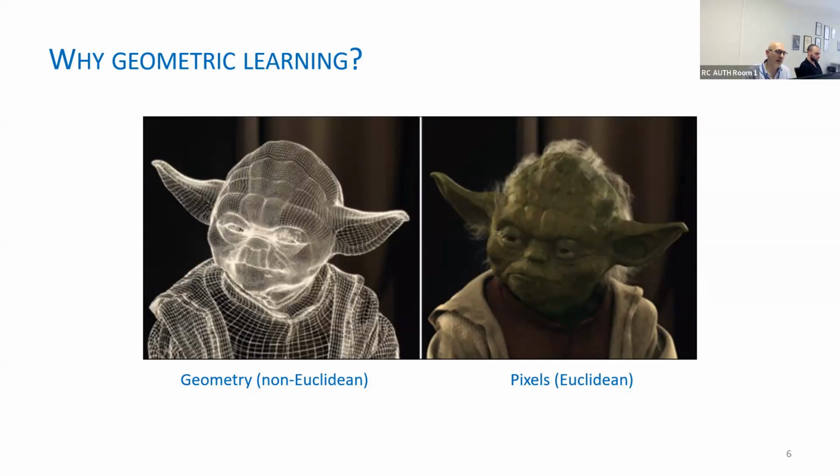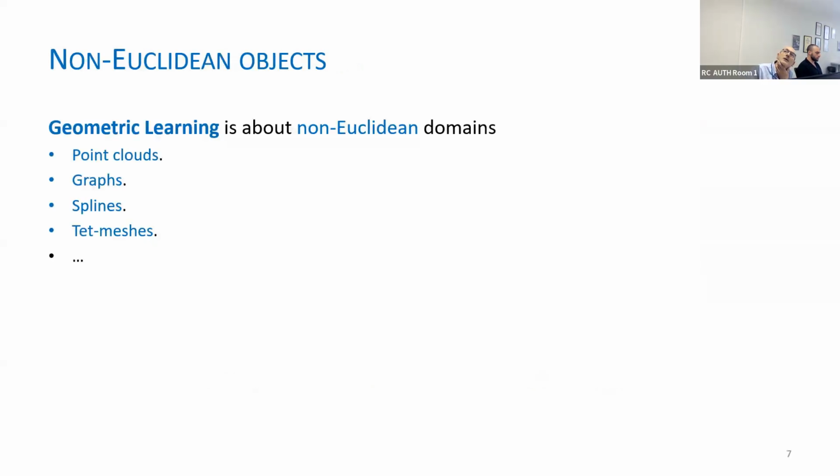The idea is that working directly in this domain, we can capture the real essence of the geometry of the world, because of course our world is 3D. And so, as I already introduced, this non-Euclidean domain comprises basically point clouds, graphs, but also splines, meshes, and many other cases.